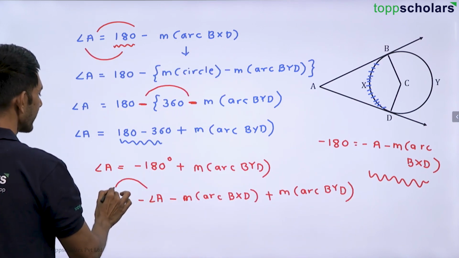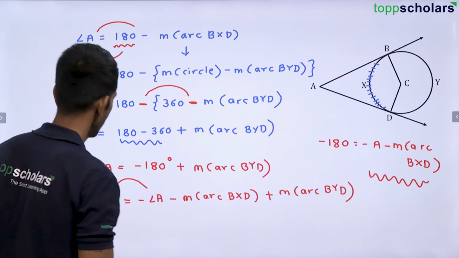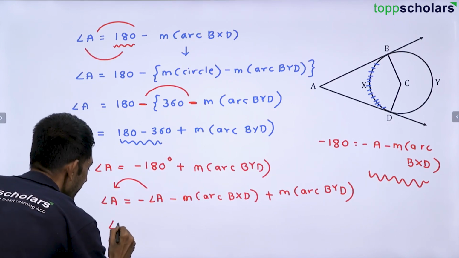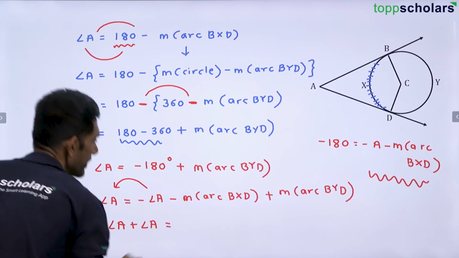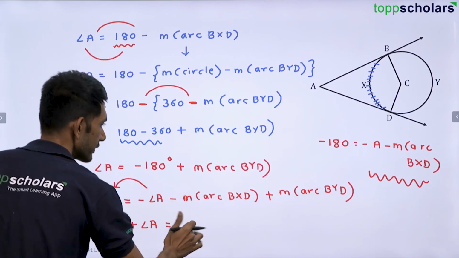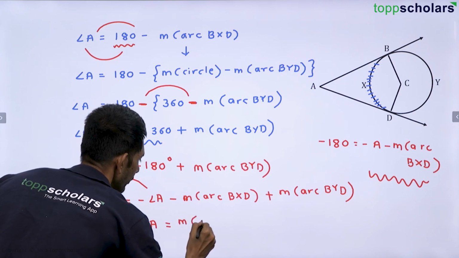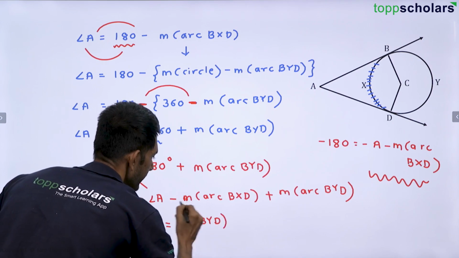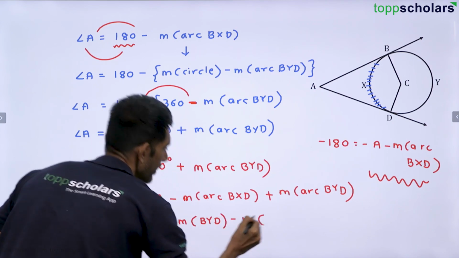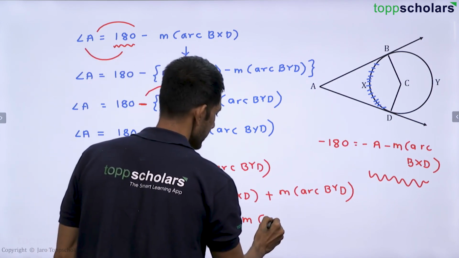Now you take minus A on the left hand side. So can I say angle A plus angle A will be equal to, write down the positive thing first, that is measure of arc BYD, then minus measure of arc BXD.